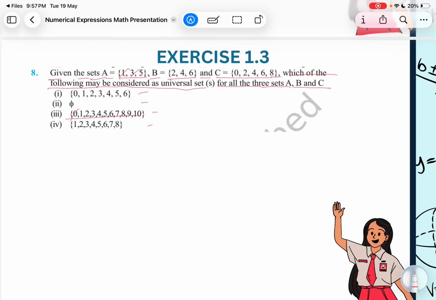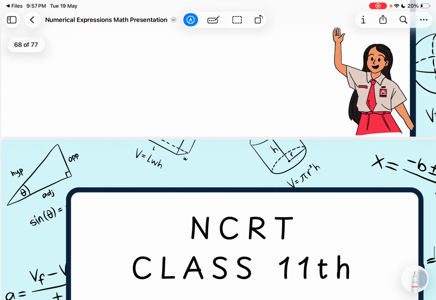Let's see, 0, 1, 3, 5. So 1, 3 and 5, 2, 4 and 6, now 0, 2, 4, 6 and 8. So this is true. Okay, this is the correct option, number 3.